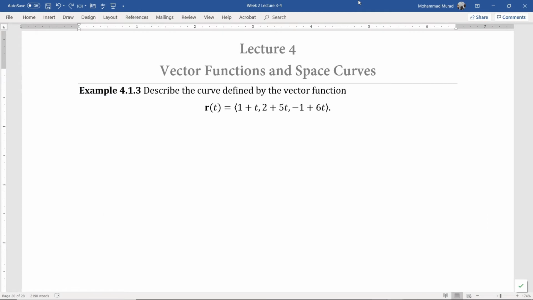Let's have a look at an example. We need to describe the curve defined by the vector function r of t with components 1 plus t, 2 plus 5t, and negative 1 plus 6t.